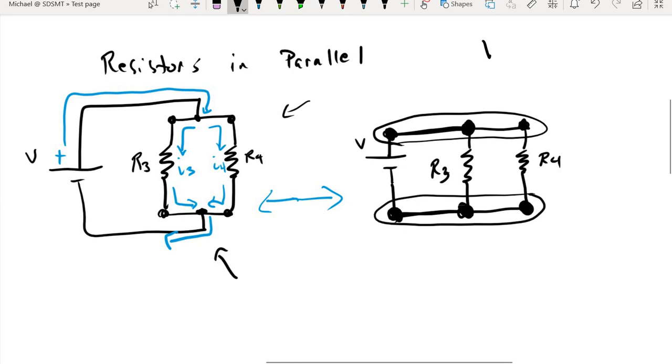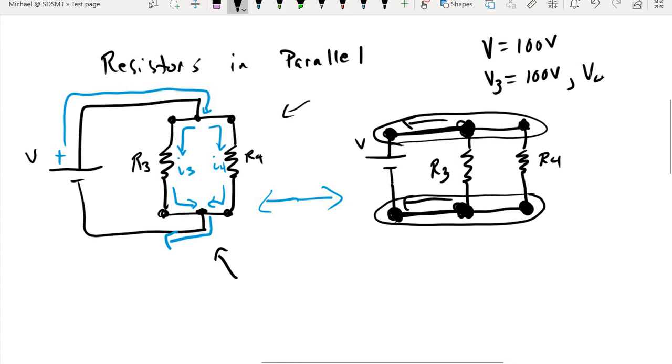And if I put a value for the potential of the battery in here, well, if the battery is 100 volts, then that means the potential across resistor 3 is 100 volts as well, because what is resistor 3 directly connected to? The battery.